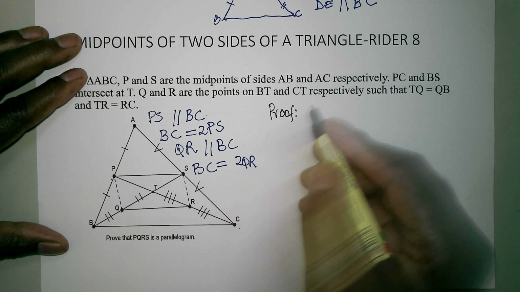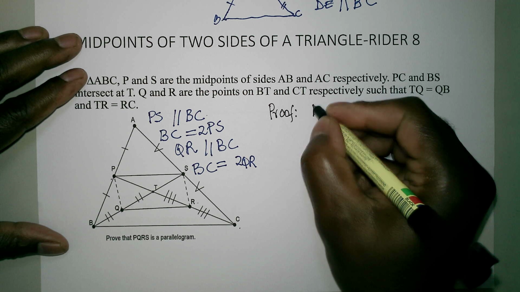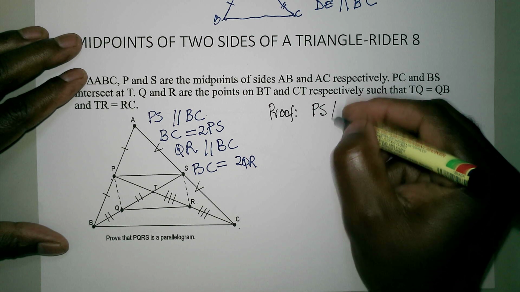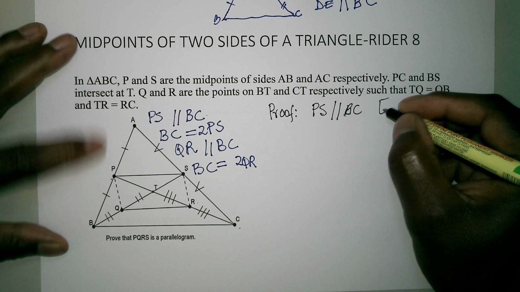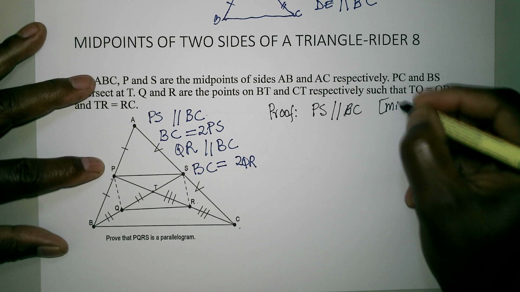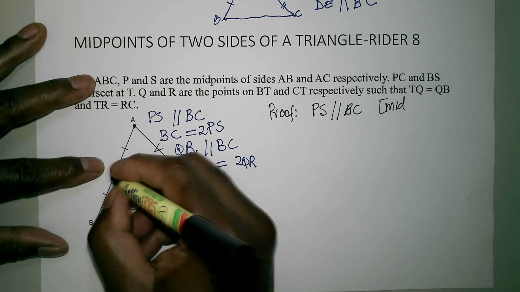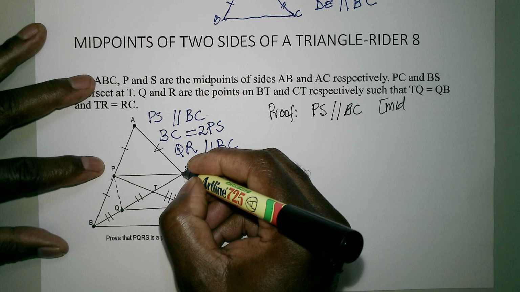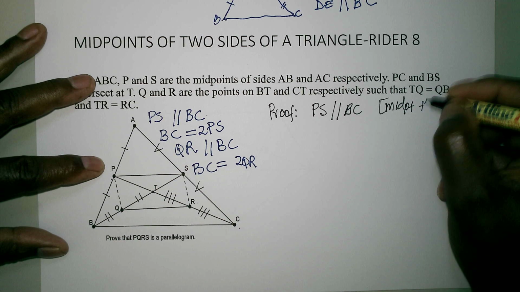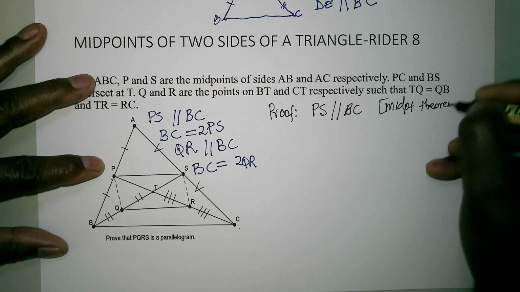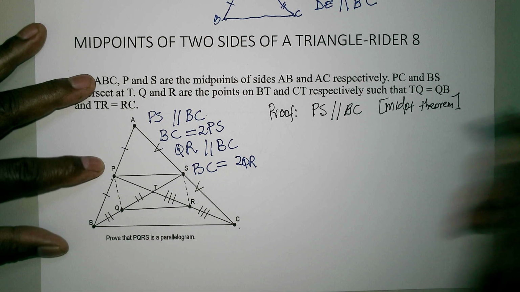So already we know that PS is parallel to BC, by the midpoint theorem. PS is parallel to BC. These are midpoints, and midpoints being joined, therefore the line segment joining the midpoints is automatically parallel to the third side.